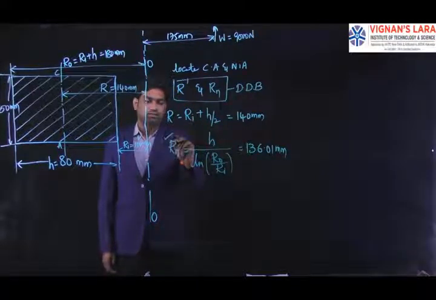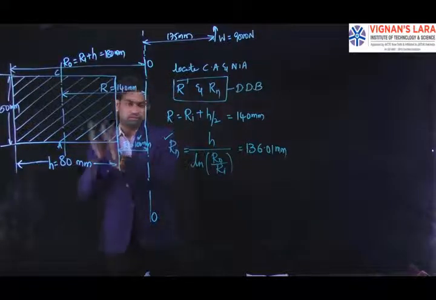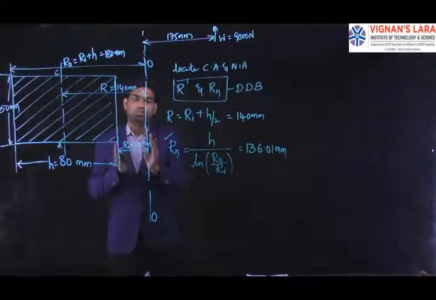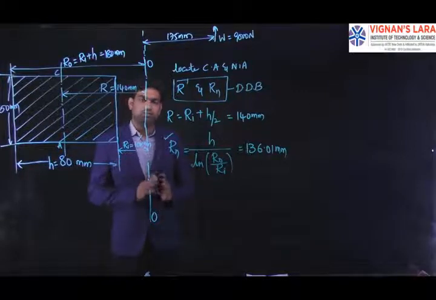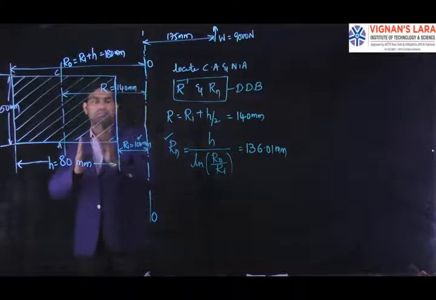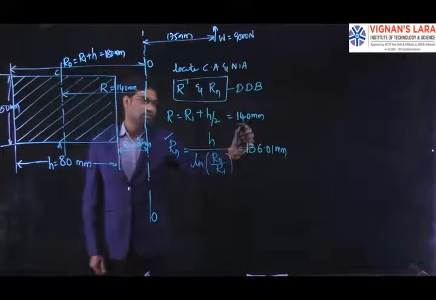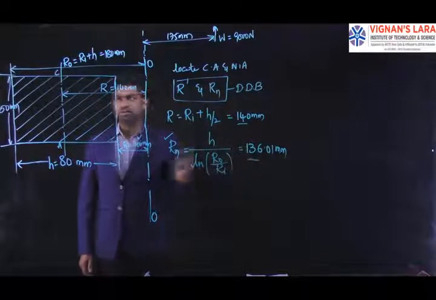Rn is always less than R. The neutral axis is always slightly shifted towards the center of curvature, so it should lie in between the centroidal axis and the center of curvature line. You can check, it is 140 mm and it is 136, so it is right.